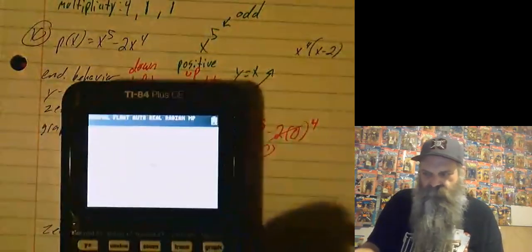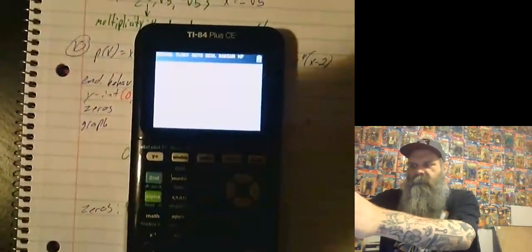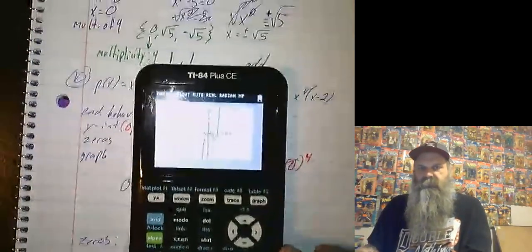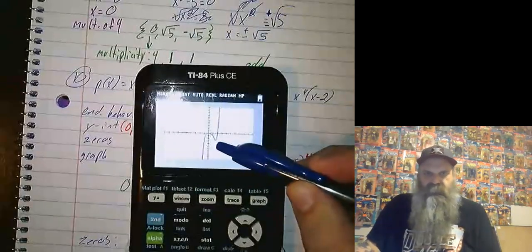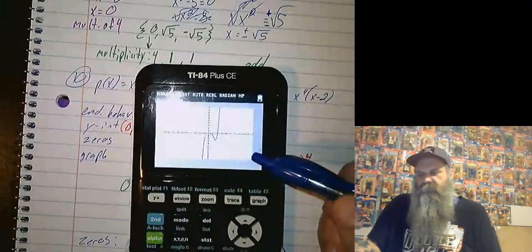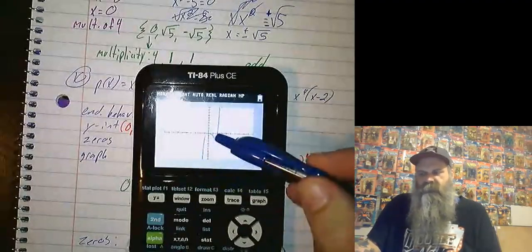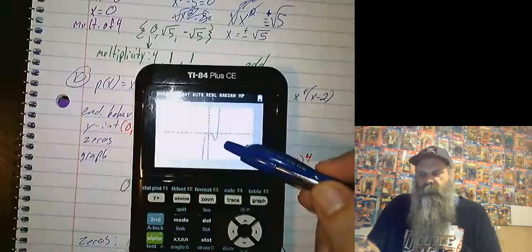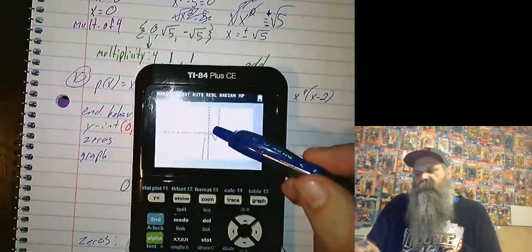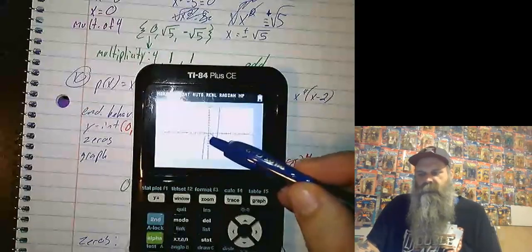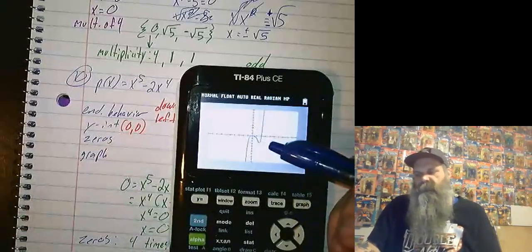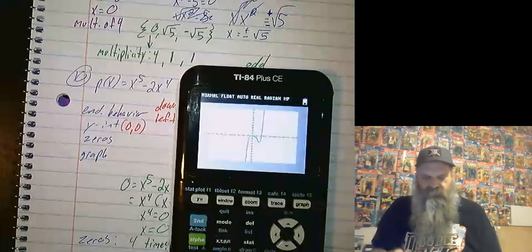I can't really tell if this is visible for y'all or not. But you can do it in your own calculator. So the things that might be different are like this little piece that dips down. It might not be there. Of course, make sure that the end behavior is right. It's going down to the left, up to the right. It has that 0, 0 that we identified as the y-intercept. And then just pick the graph that looks the closest.